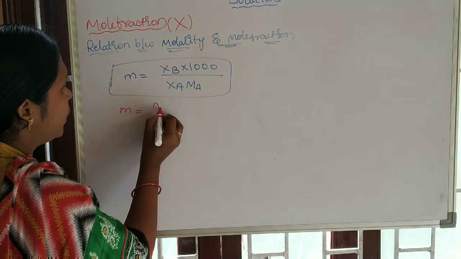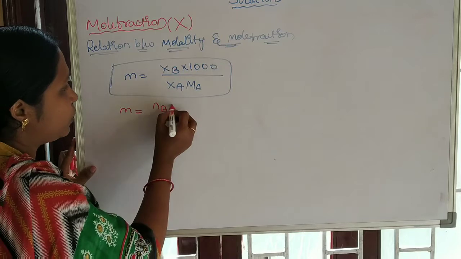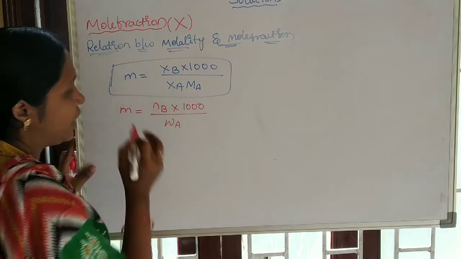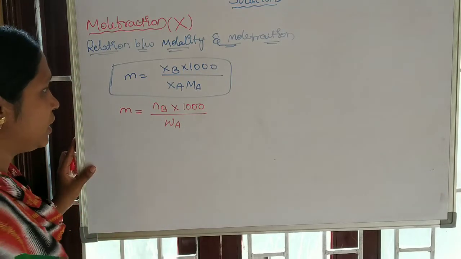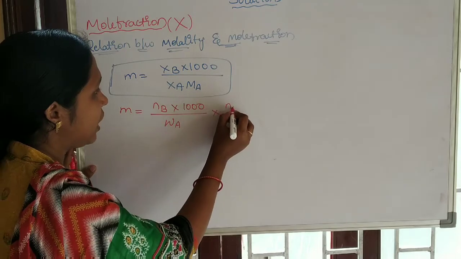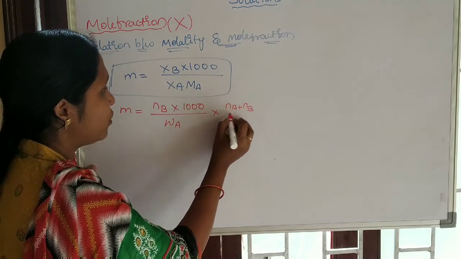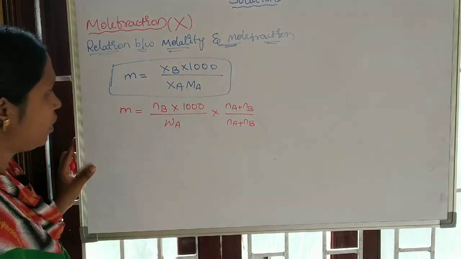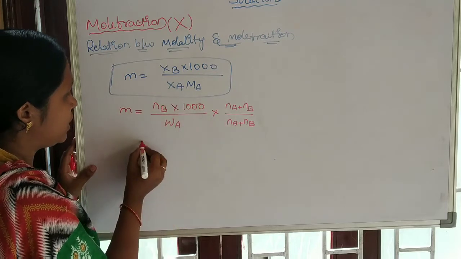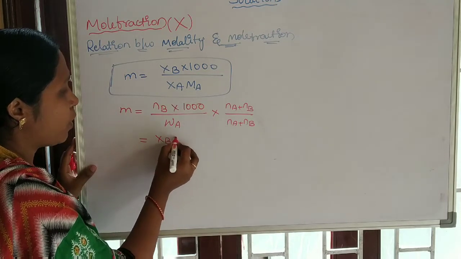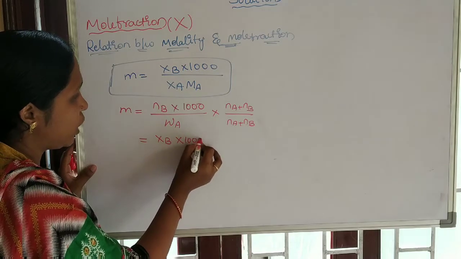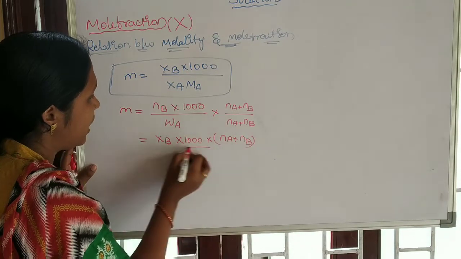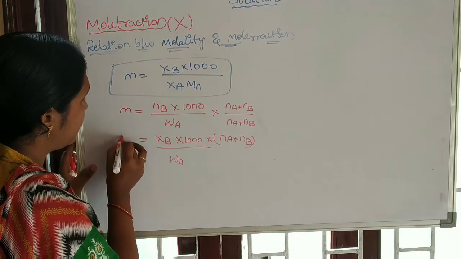First, okay, take the formula for molarity. Molarity is equal to number of moles of solute into 1000 by weight of solvent. This equation, multiply and divide with the sum of the number of moles of solute and solvent. Here Nb by Na plus Nb is nothing but the mole fraction of solute, into 1000 into Na plus Nb divided by weight of solvent.